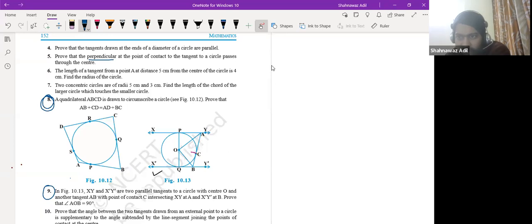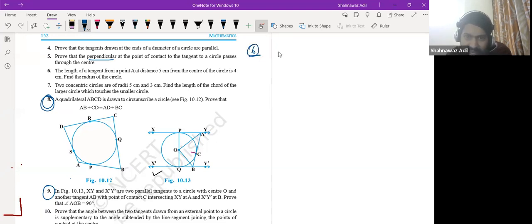This we know from theorem 10.1. And the radius also passes through the center. So then that perpendicular will pass through this center. Is it clear? Yes. Then let us do the sixth question.